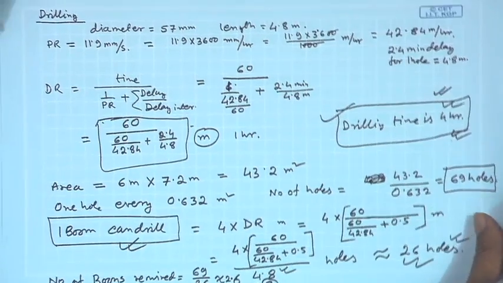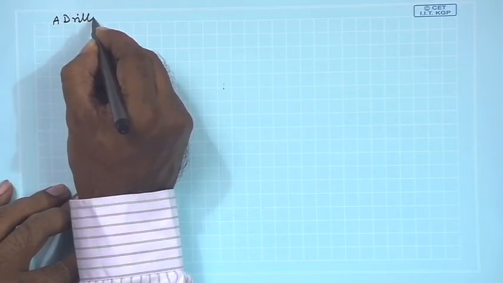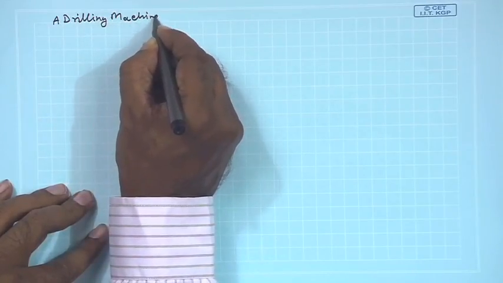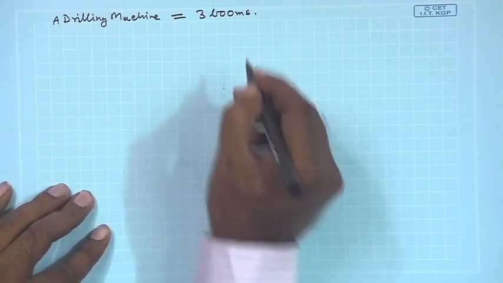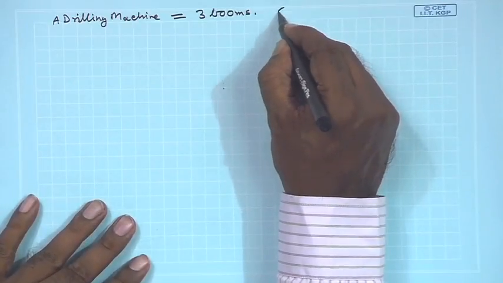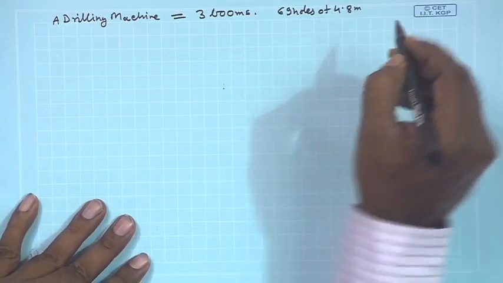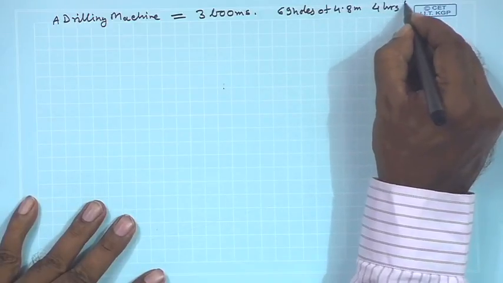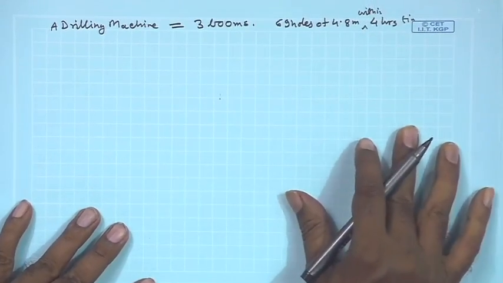In this particular case of drilling, we need a drill machine which should have at least 3 booms, so that we can achieve the target of drilling 69 holes of 4.8 meter length within 4 hours time.